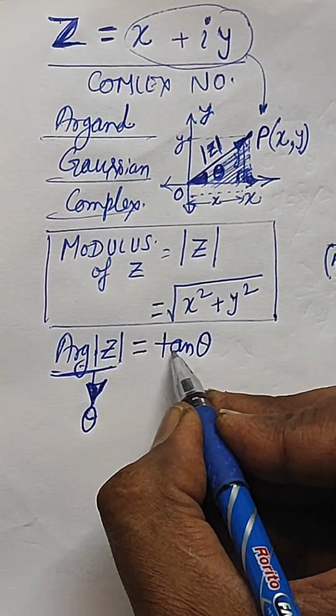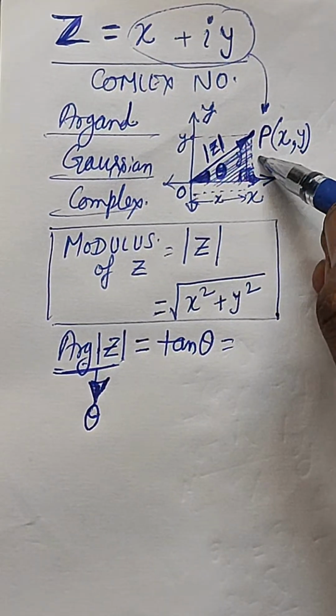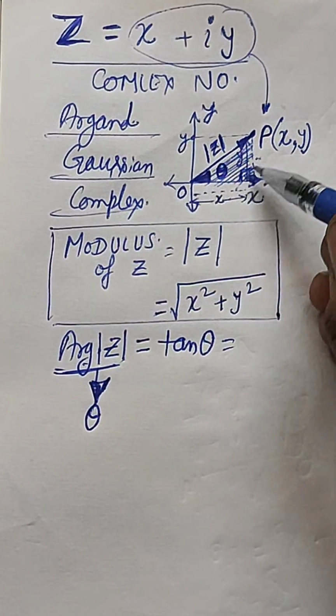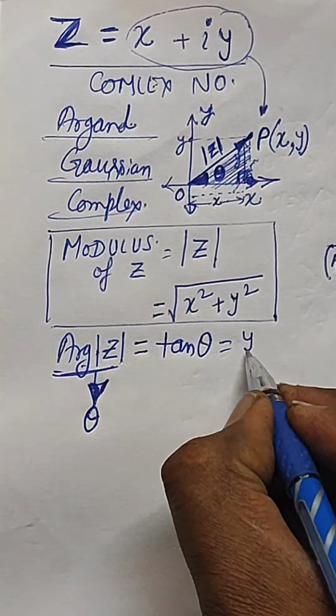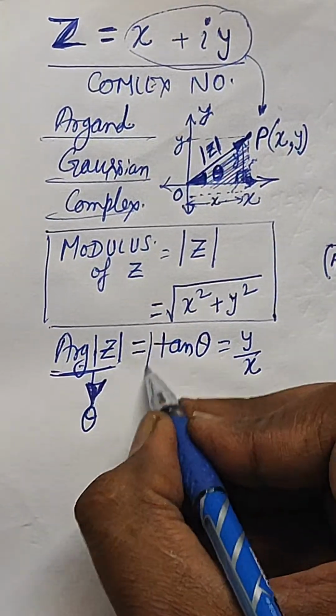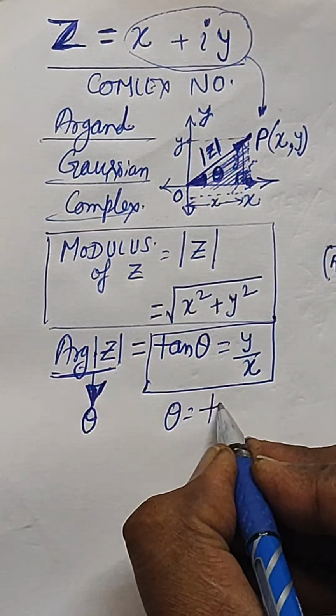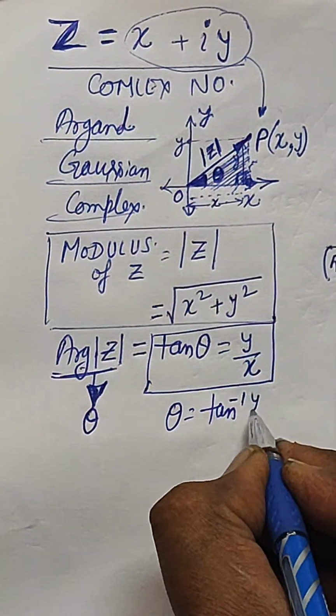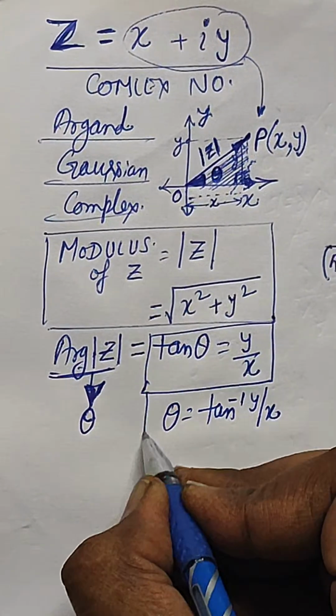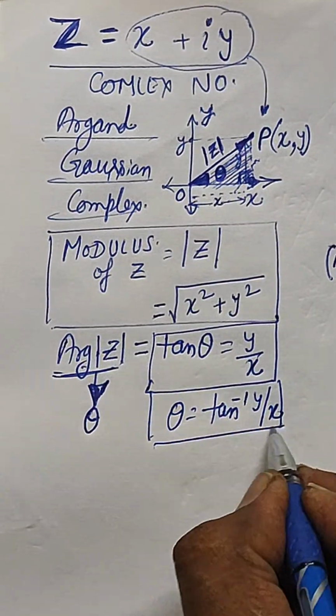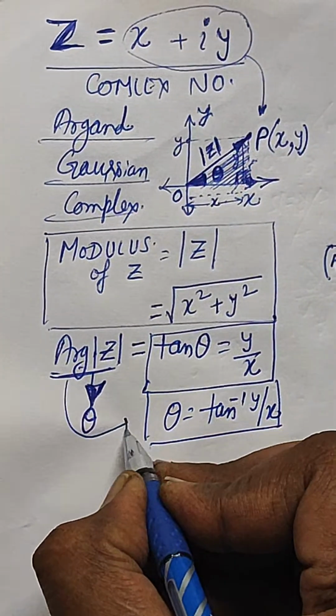If you take tan theta, then tan theta over here is y by x. So from here we get theta equal to tan inverse of y by x. So this is your argument, my dear friends.